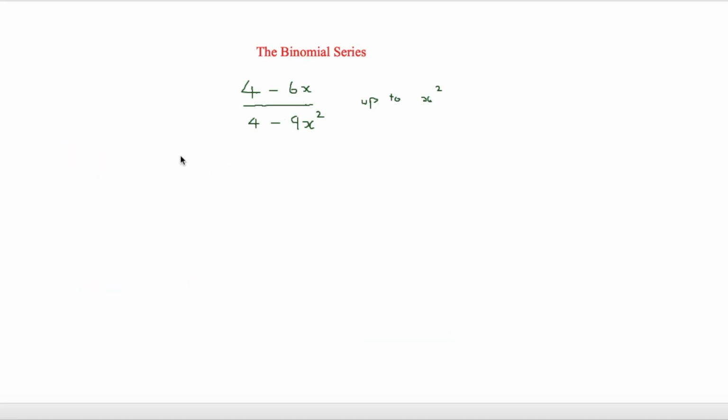So the final question doesn't really look like a binomial expansion, but we can get it into one by a bit of cancelling and algebraic fractions. And in order to do this, we are going to have to take some common terms here, and then we're going to have to cancel. So first of all, we can take a 2 out of this, and that would be 2 times 2 minus 3x.